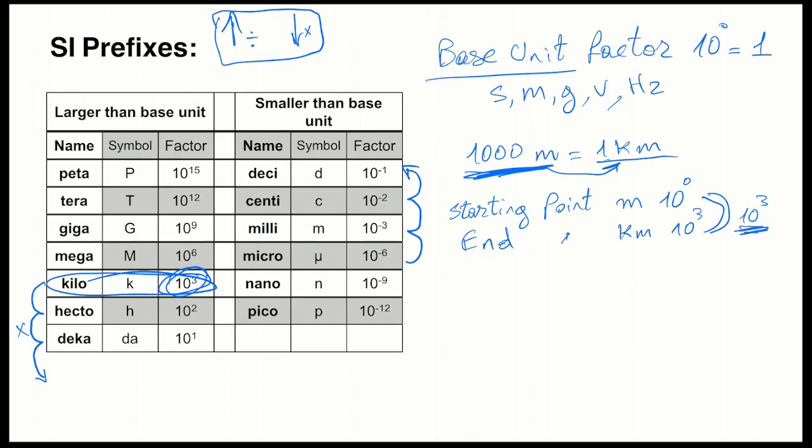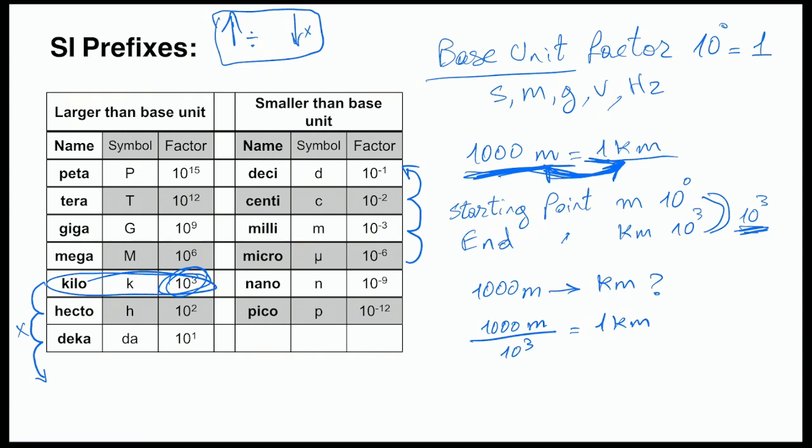So in this case, we are going down from kilometers to meters, and we're going up from meters to kilometers. We can apply either. So let's try the 1,000 meters going up to kilometers. Going up is division, right? So we take 1,000 meters, we divide it by 10 to the power of 3, which is 1,000, and we get 1 kilometer.